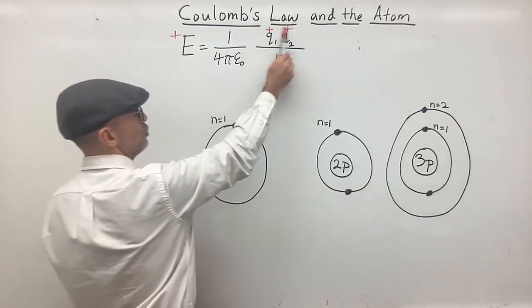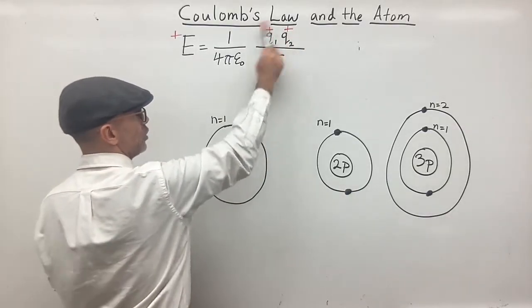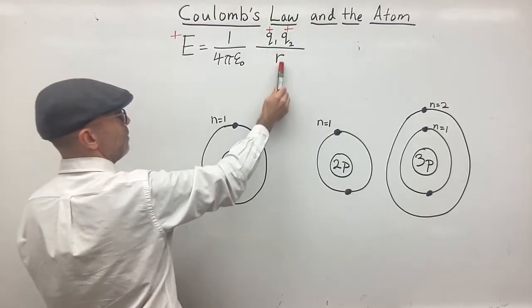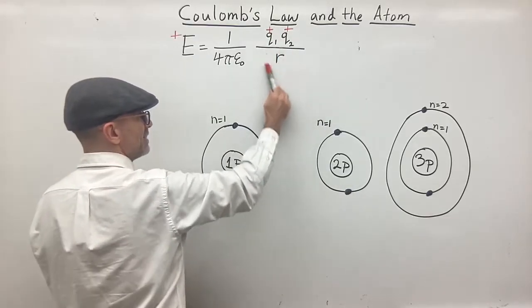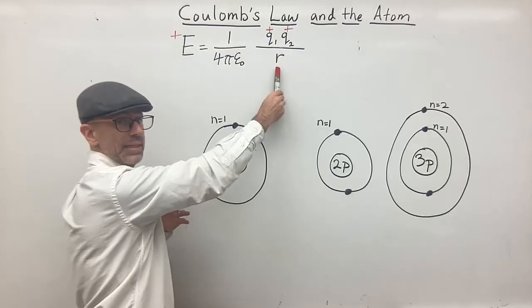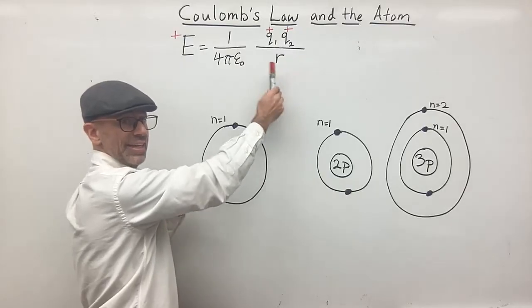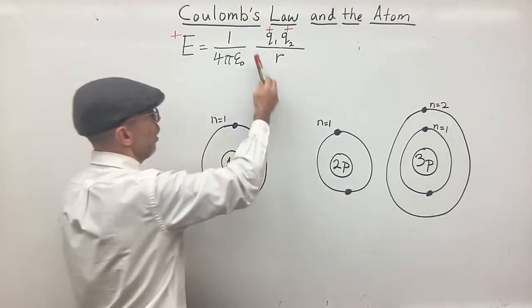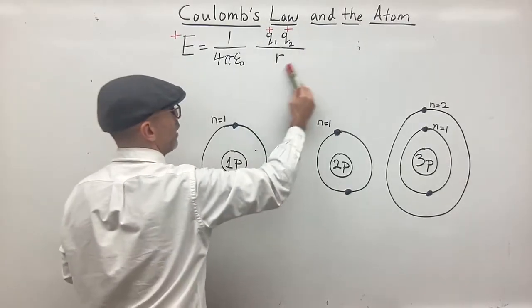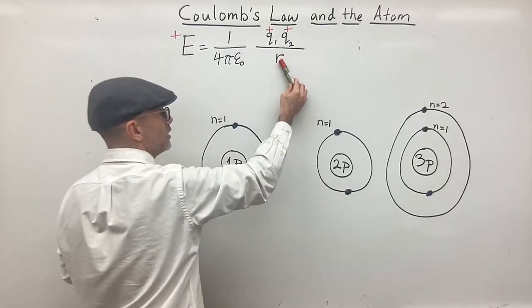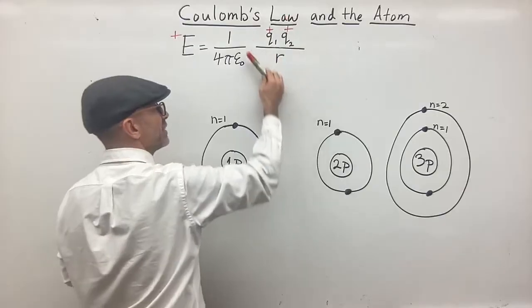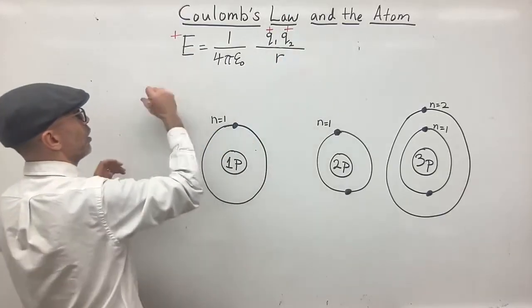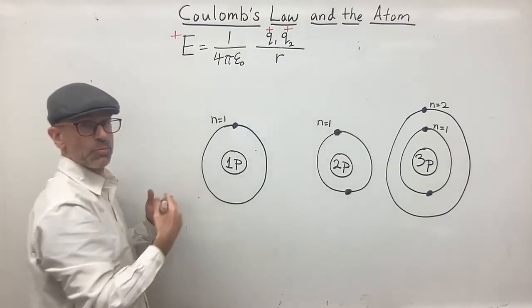And so when you have two like charges that are close to each other, if you lower the distance here, if r, being the distance between the charges, gets smaller, right? What happens to this whole thing? If r gets smaller, then this whole thing gets larger, and therefore the potential energy becomes more positive.